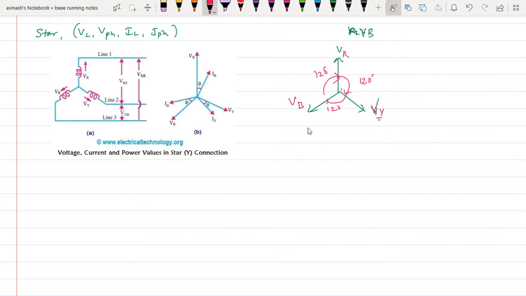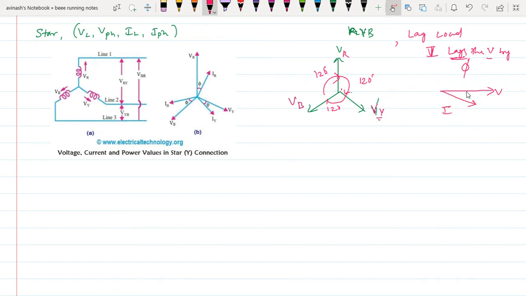Now these are the voltage phasors. If I take the lagging load, remember this guys, lagging load. What is the lagging load? Always current I lags the voltage. Current I lags the voltage by an angle of phi. For example, if I take the voltage reference, this is the voltage phasor.